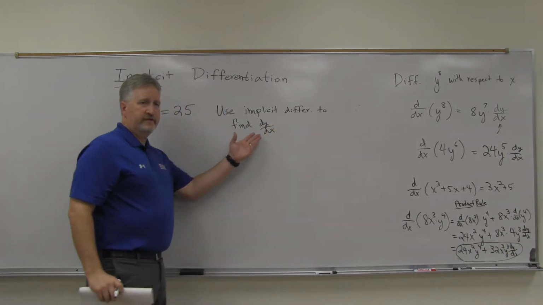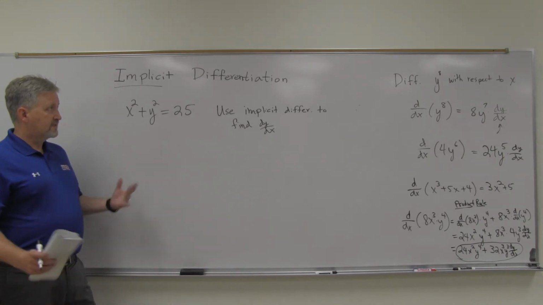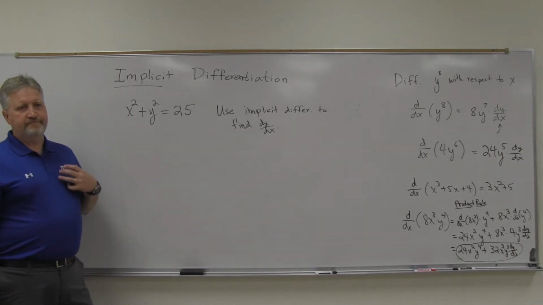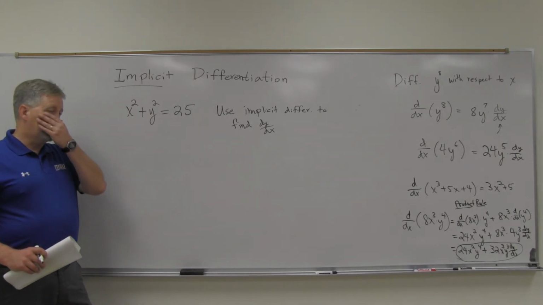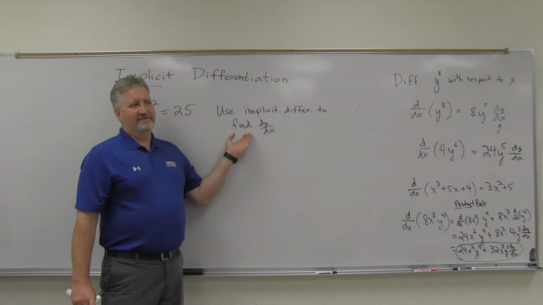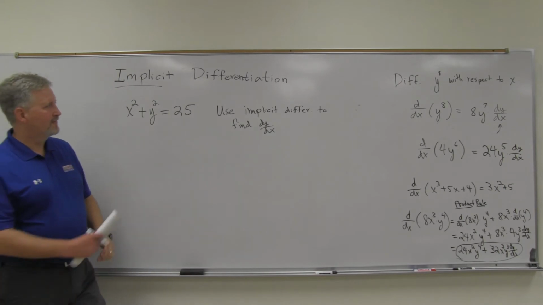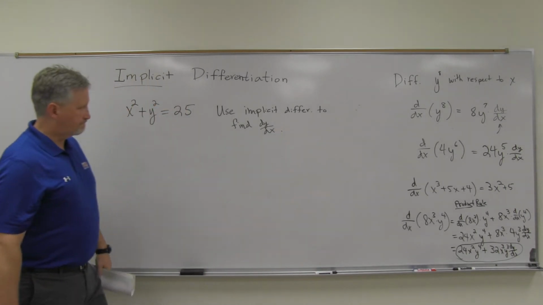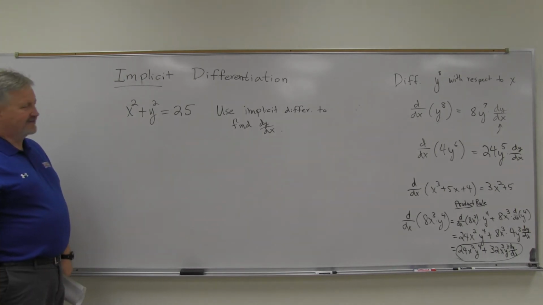And notice again, I'm using the Leibniz notation. Instead of the y prime, it's just different, I guess, so to speak. I mean, we could use y prime, but there's another reason for using dy over dx for later on. So, all right. So we're going to find the derivative, whatever you want to call it, dy over dx.